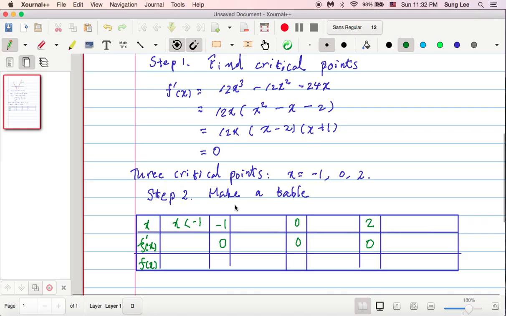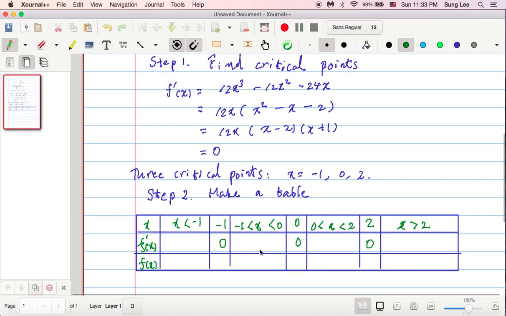Between these two, x greater than negative 1 and less than 0. And here x greater than 0 and less than 2. And the last interval is going to be x greater than 2.